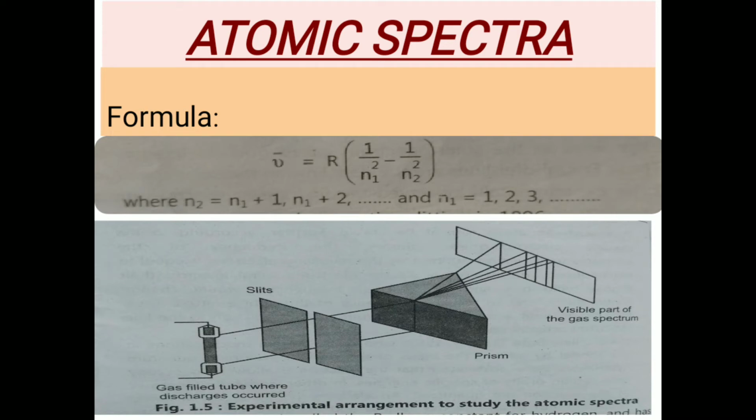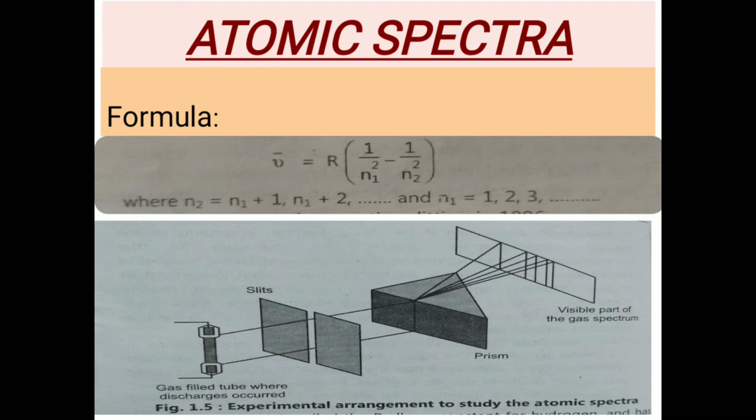The formula used to generate wave numbers of lines in each of these series is mu bar equals R times the bracket 1 upon n1 square minus 1 upon n2 square, where R is the Rydberg constant of hydrogen.